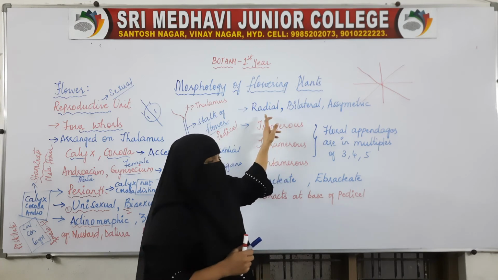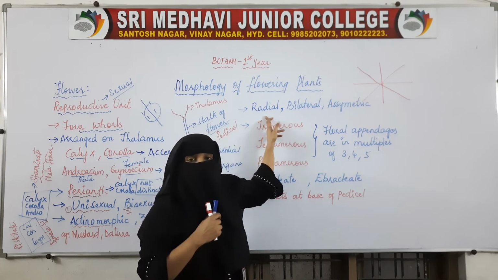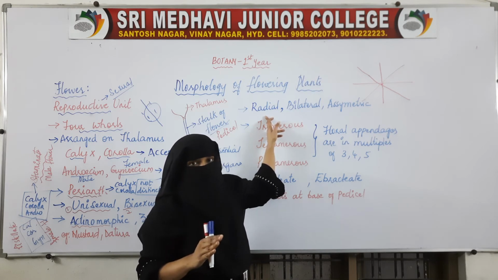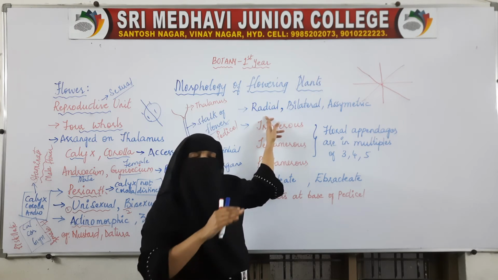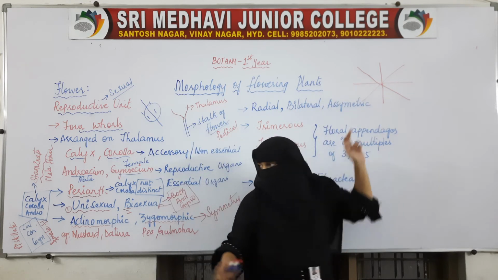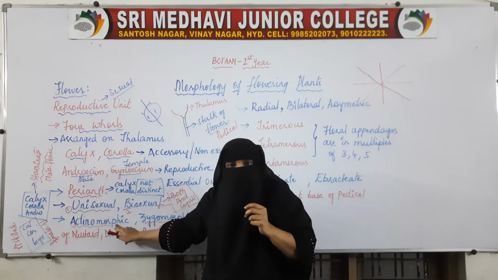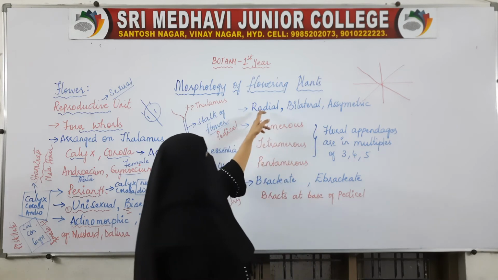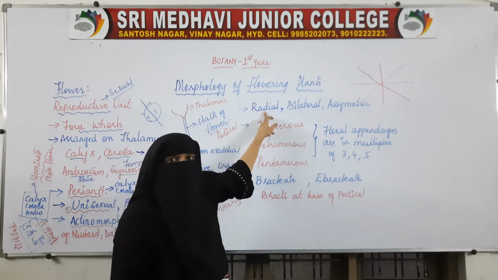So if a flower is able to divide into two equal halves in any plane, then that flower is called an actinomorphic flower, and the symmetry is called radial symmetry.